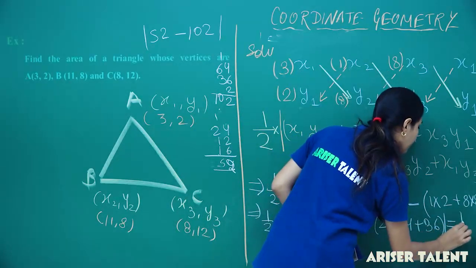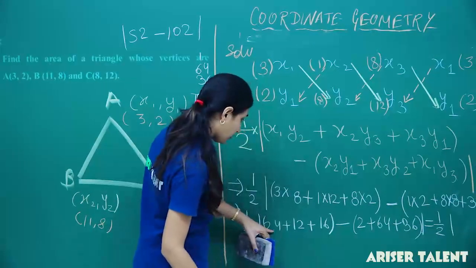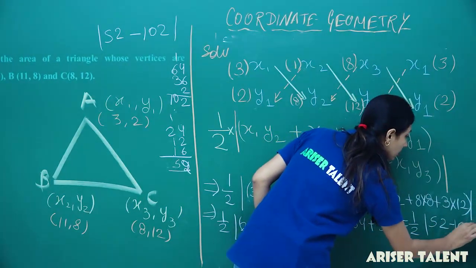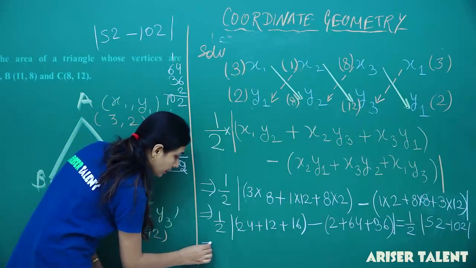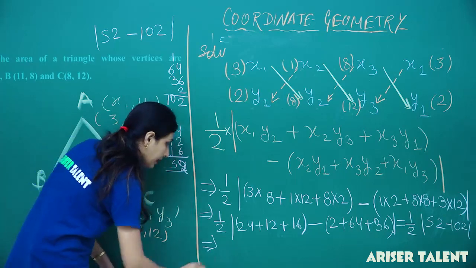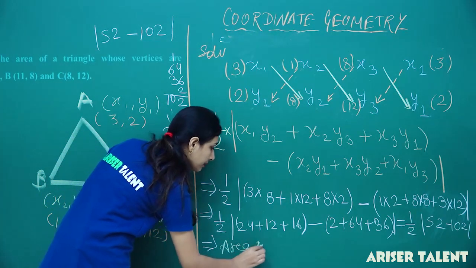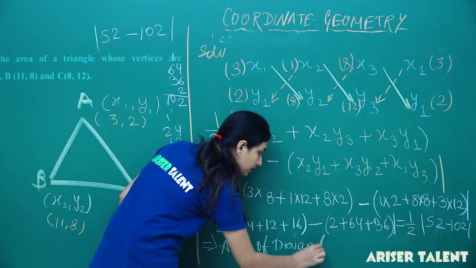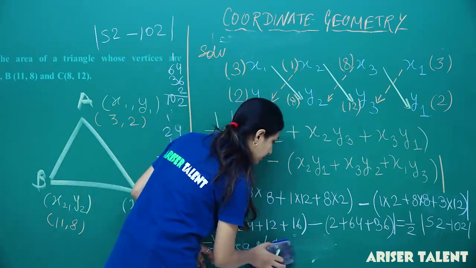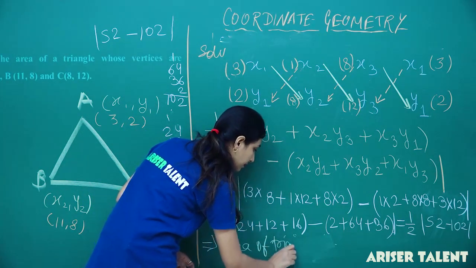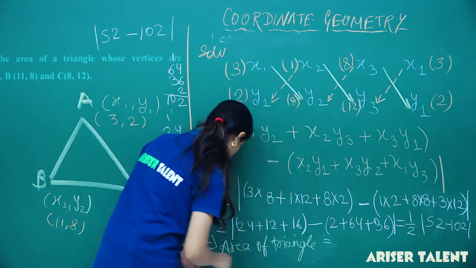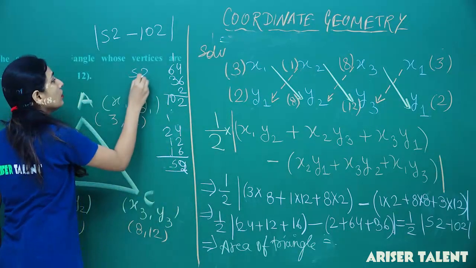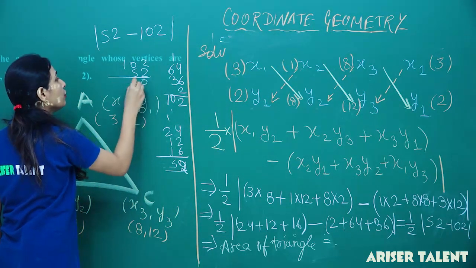So here I'll be having 1 by 2 mod of 52 minus 102. Now that means area of triangle equals to 1 by 2, 52, 52, 102, that will be for sure 50.